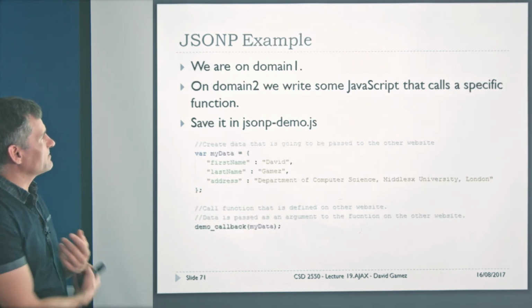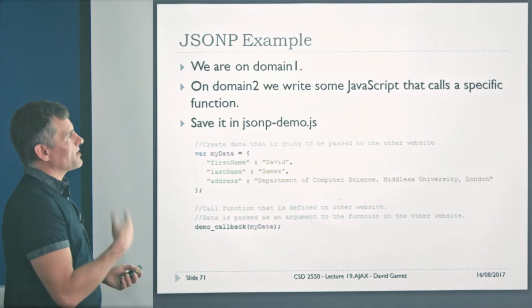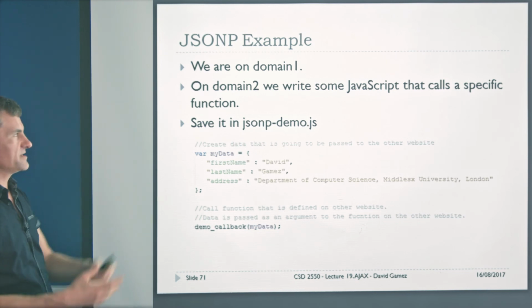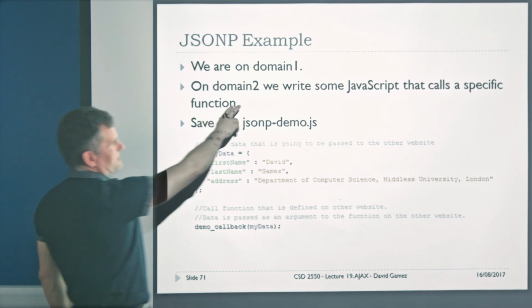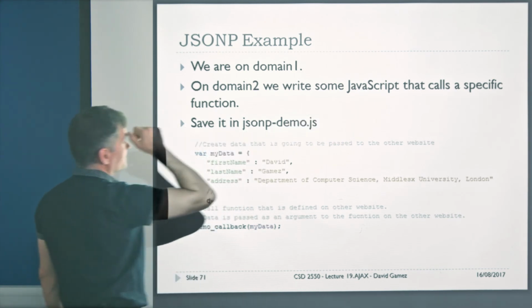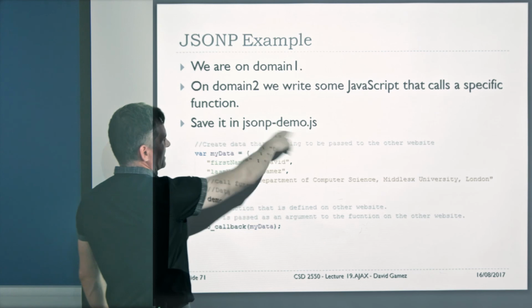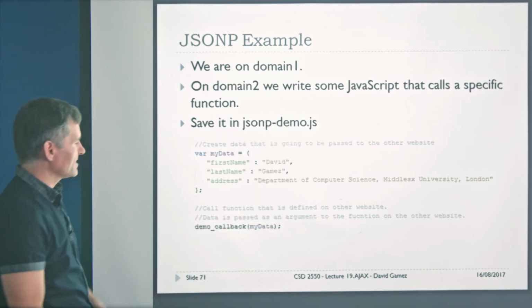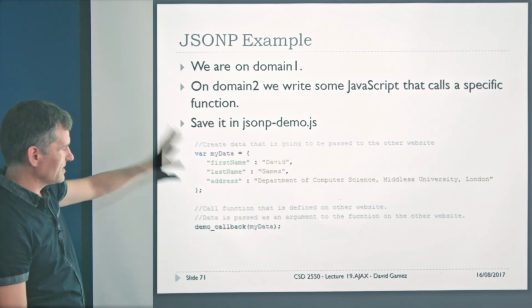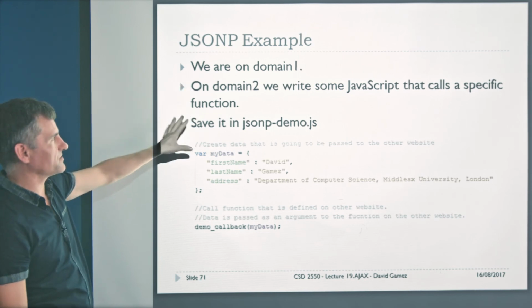So here's the hack. We're on domain 1, and we want to get some data from domain 2. What we do is on domain 2, we write some JavaScript that calls a specific function, and we save it on the other domain in, let's call it, JSONP-demo.js. This is on domain 2, which, if we just used Ajax, we couldn't talk to.